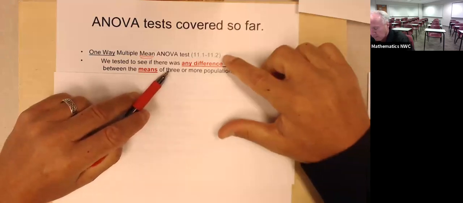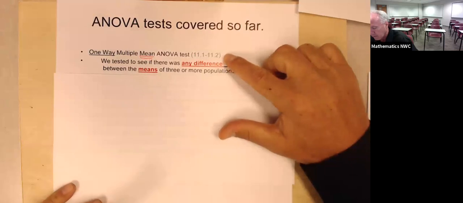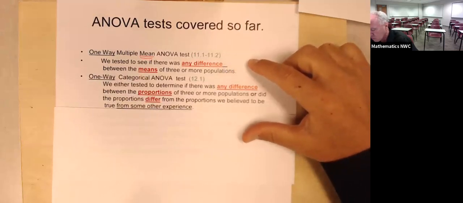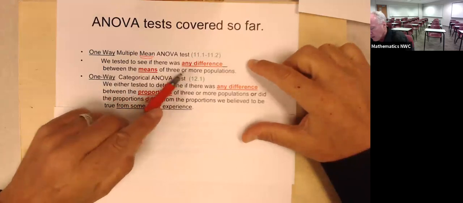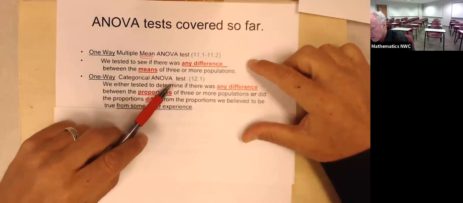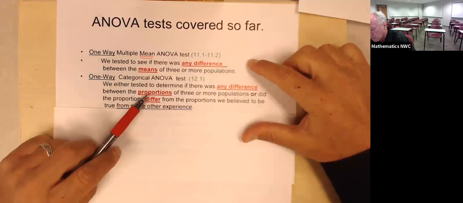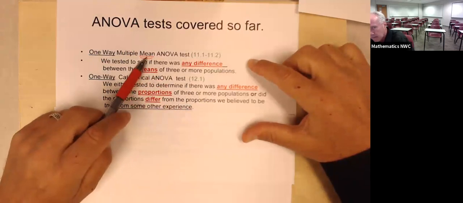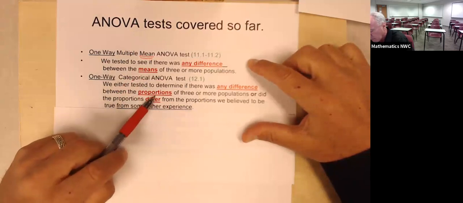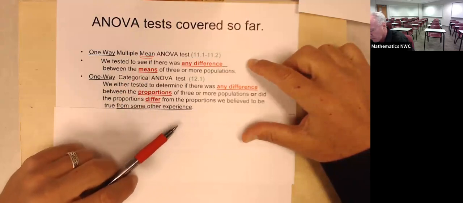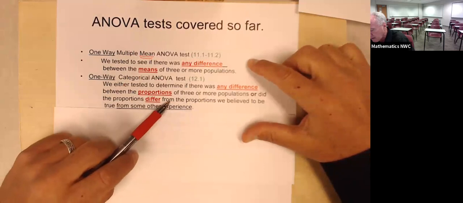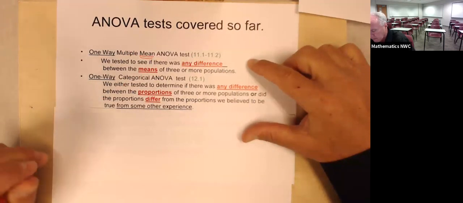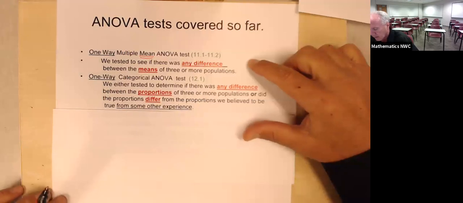That was back in chapter 11. In 12.1, we tested to determine if there was any difference between proportions of 3 or more. So we weren't looking at means, we were looking at proportions. We wanted to see if they were different from some other city, like Cleveland or something like that.